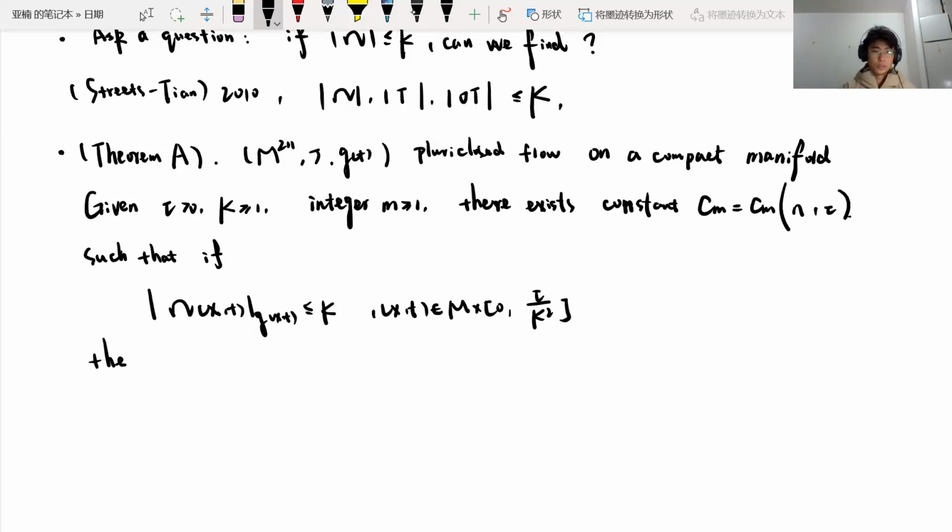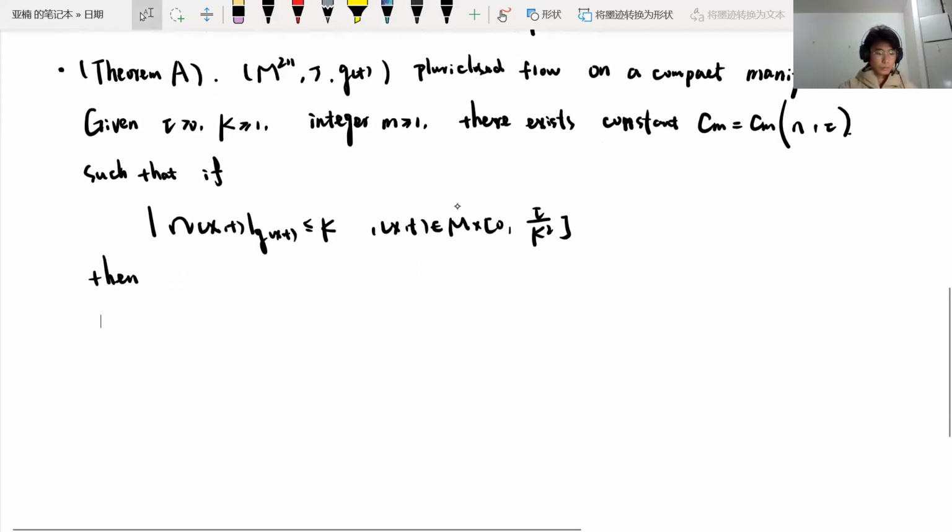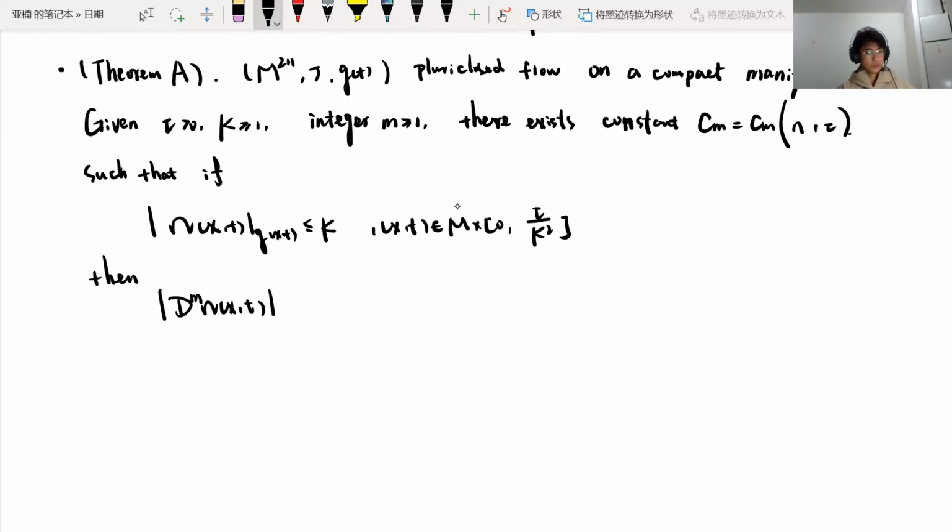then the derivative of the curvature, here D is the Chern connection, is also bounded.